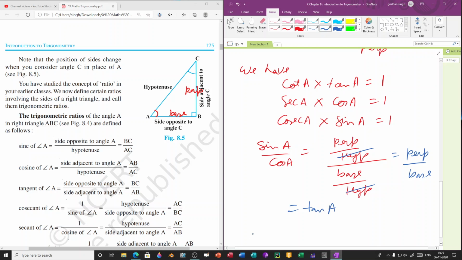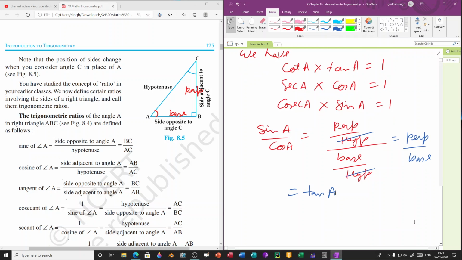Therefore tan A equal to sine A over cos A. That means we can write tan in terms of sine and cos. In the same way, we know that tan and cot are reciprocals of each other.